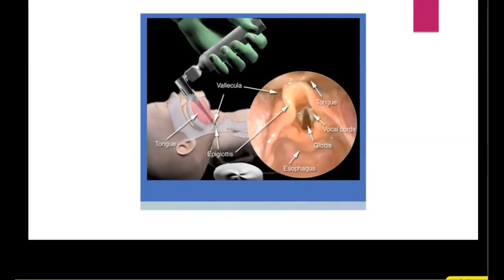So what this person is holding in their hand, the handle, that comes in 2 different sizes, and then there's a metal blade that they push the tongue out of the way with, and they use that blade to visualize, what is my word?